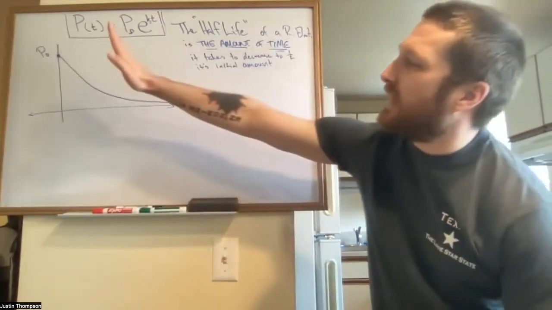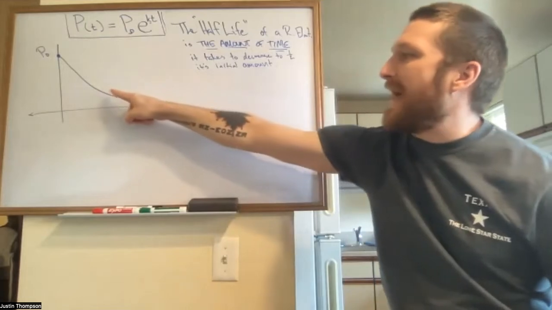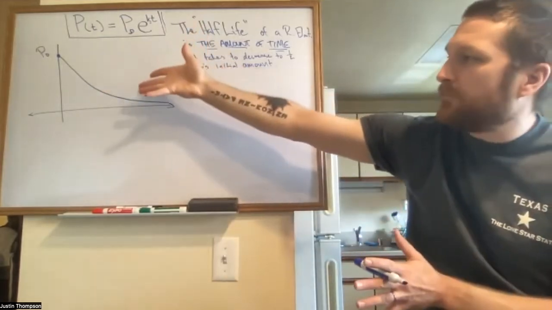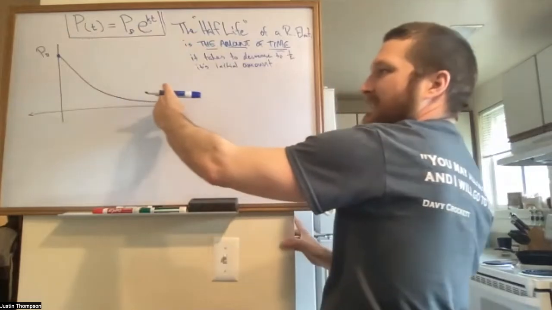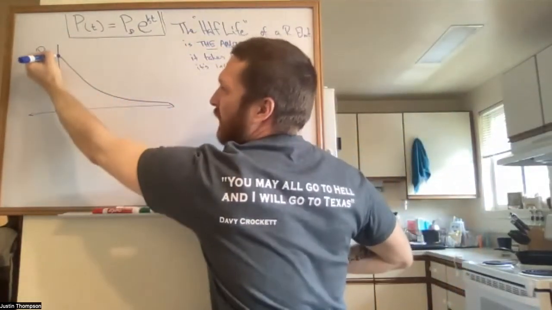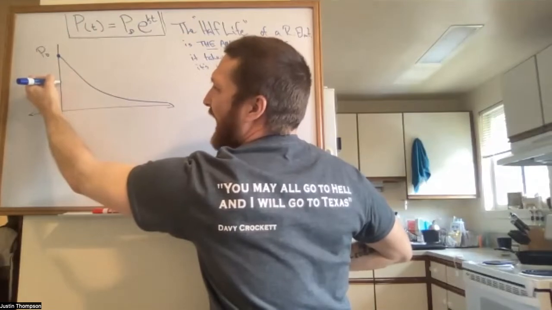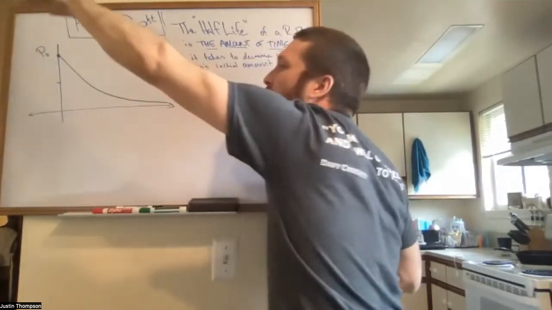So we're thinking about this, right? As time goes on, we have less and less mass of, say, uranium. And it's going to decay and just keep getting less and less forever. But if we think about this graphically, if you started at 10, then half of 10 would be 5. If you started at 20, half of 20 would be 10.